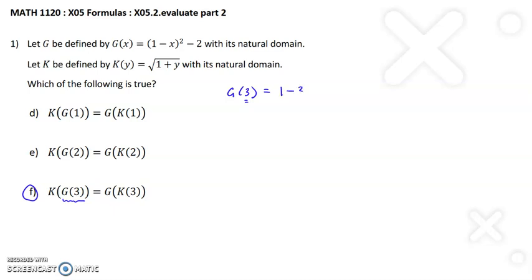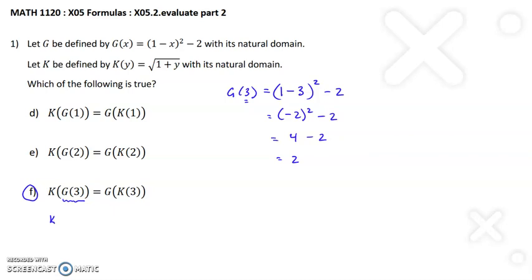So we've got 1 minus 3, that quantity squared, minus 2. 1 minus 3 is negative 2, and we're going to square that, which will give us a positive 4. And after we subtract the 2, we'll be left with an answer of 2. So g of 3 equals 2.